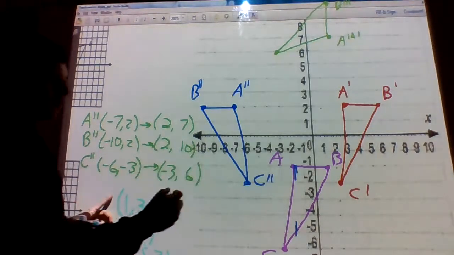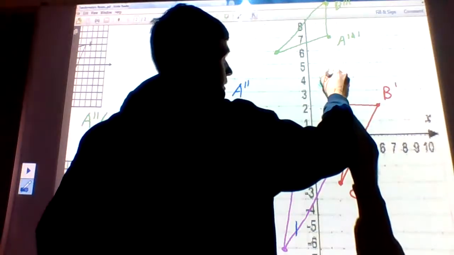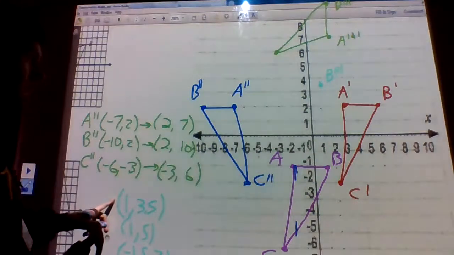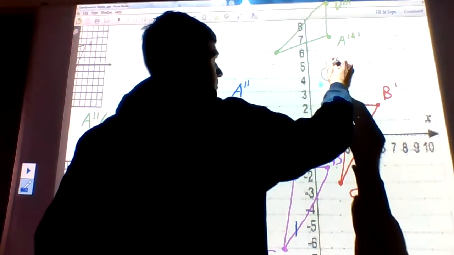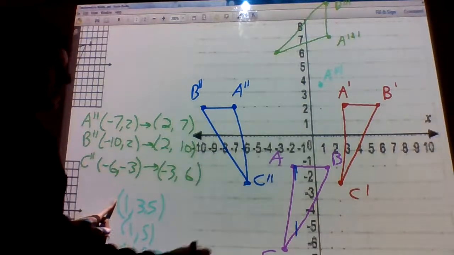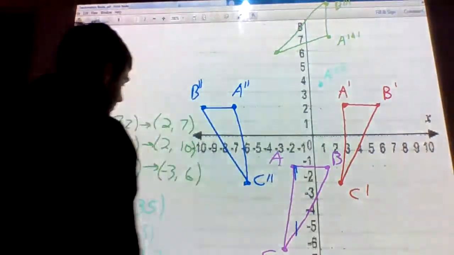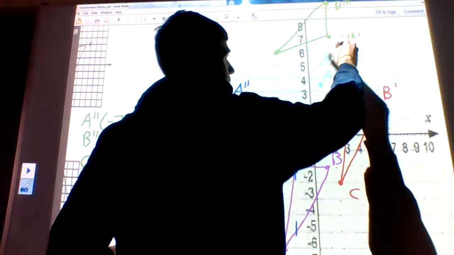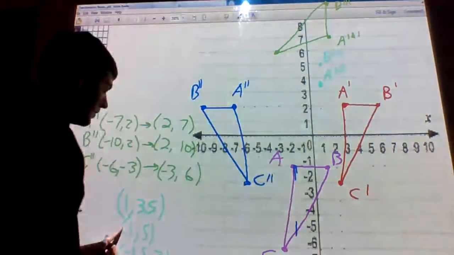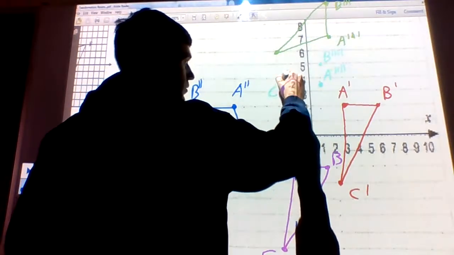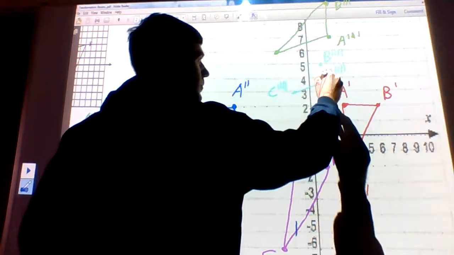So 1, 3.5 is going to be A quadruple prime. 1, 5 is going to be B quadruple prime. And then negative 1.5, 3 is C quadruple prime.